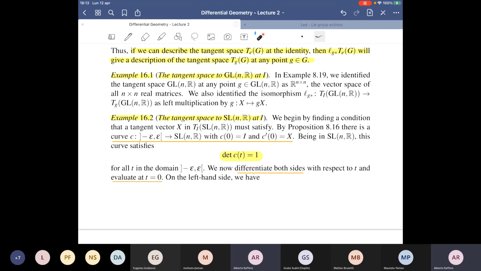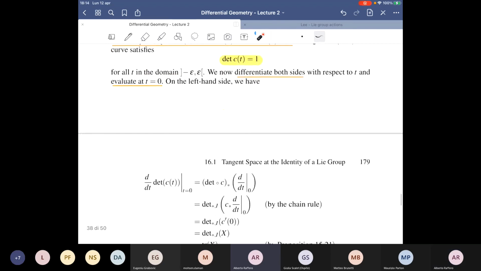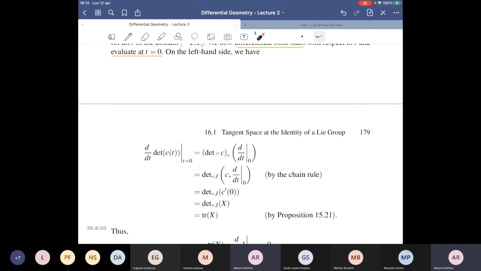Since it is a curve inside the special linear group, its determinant is 1. And now you can differentiate both sides. If you differentiate and evaluate at time equal to 0, you can recall the definition of the differential of the determinant map.